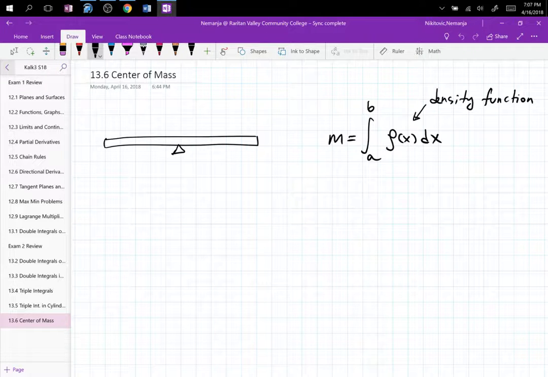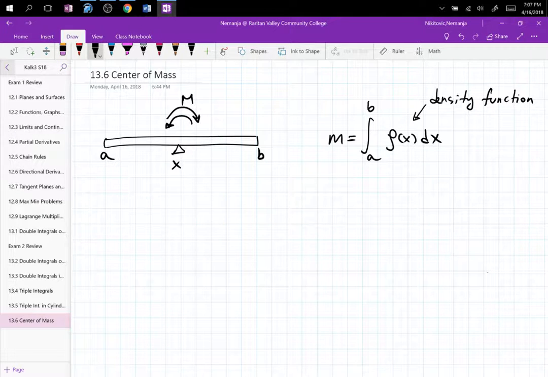Then somewhere from A to B, there is some location x where the center of mass is going to be. That is what we call a fixed point, and we are going to have a moment around this fixed point that will try to rotate this bar, if it's not perfectly balanced, one way or the other.